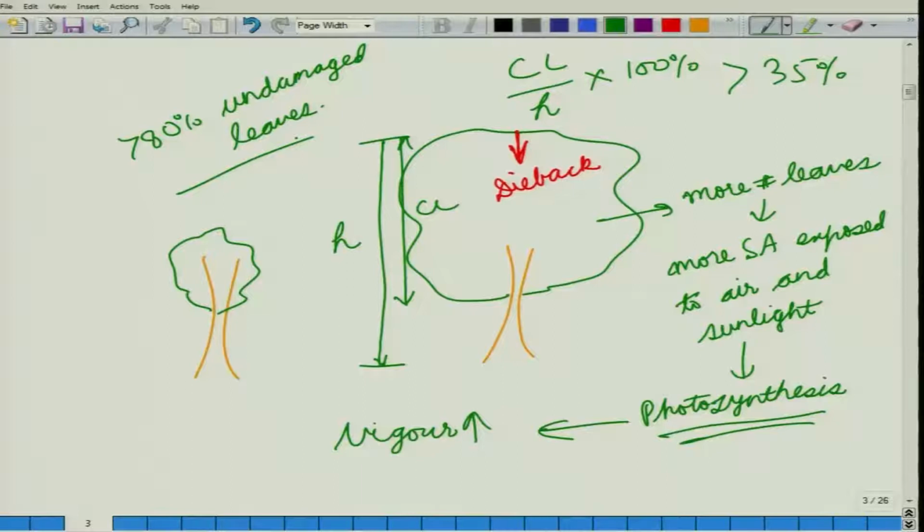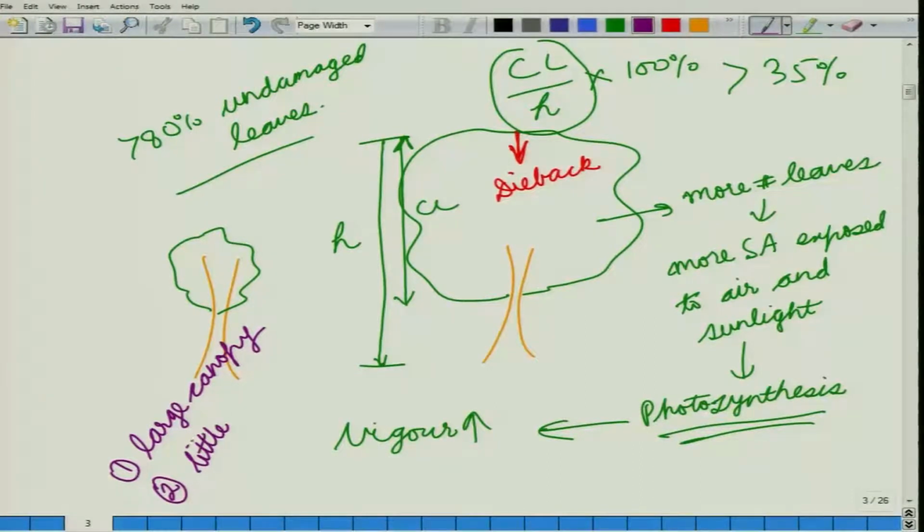Now, what does this tell us? One, by using this live crown ratio, we can say that it has a large canopy. Plus two, the canopy is not suffering any dieback. So, there is little dieback, so this canopy is healthy.